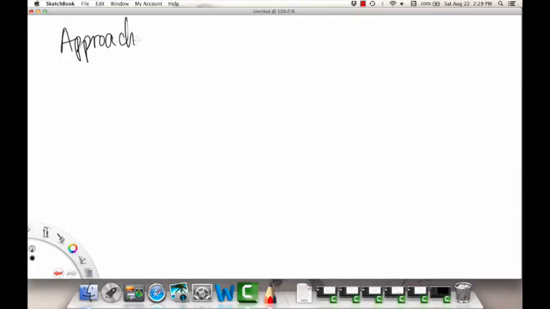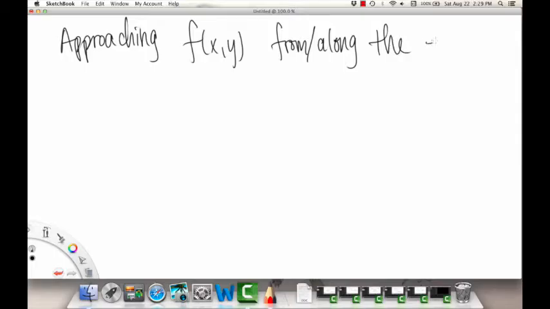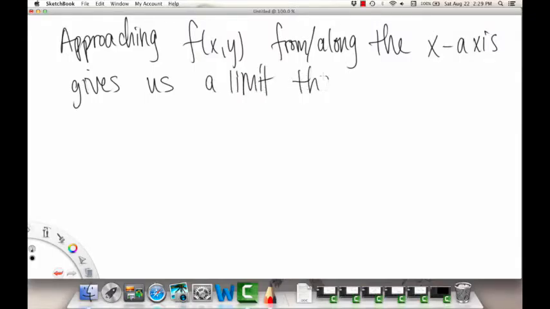This will be our conclusion. Approaching our f of (x,y) along the x-axis gives us a limit that does not exist.